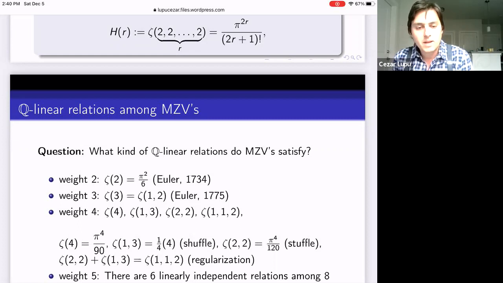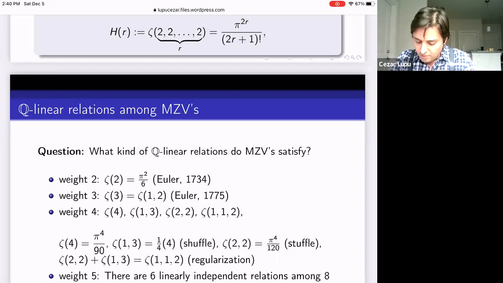When I say shuffle, I am taking zeta of 2 and zeta of 2, and multiplying their integral representations. When you shuffle them, you obtain exactly that zeta of 1, 3 is 1/4 zeta of 4.